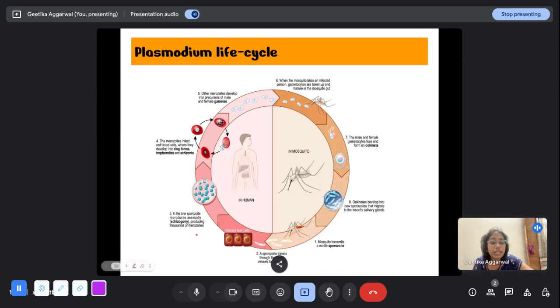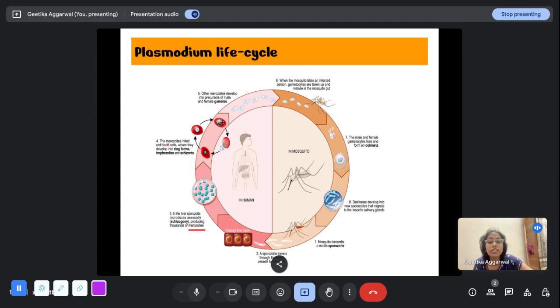In the liver cells, these sporozoites reproduce asexually and produce thousands of merozoites. These merozoites leave the liver, enter the bloodstream, and infect the red blood cells.